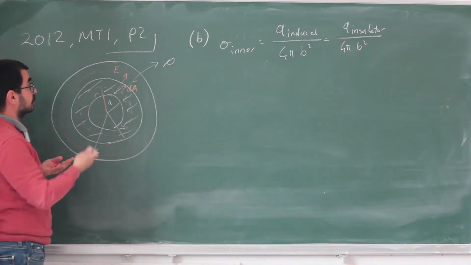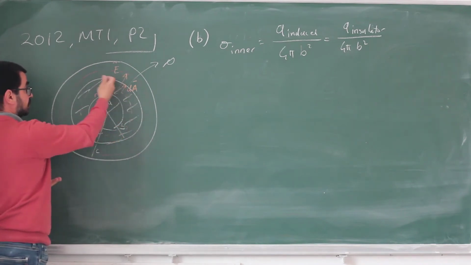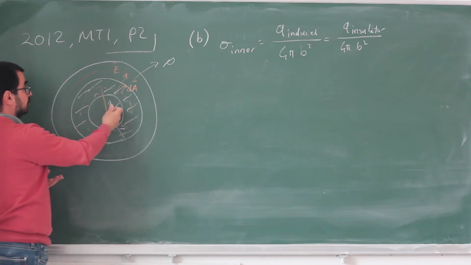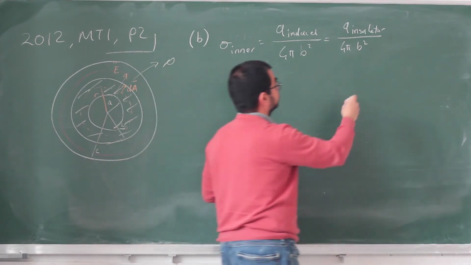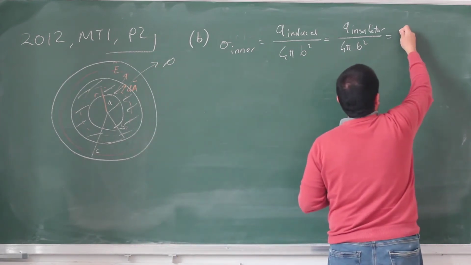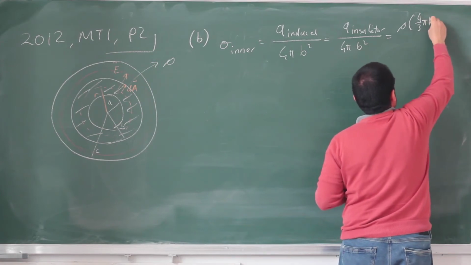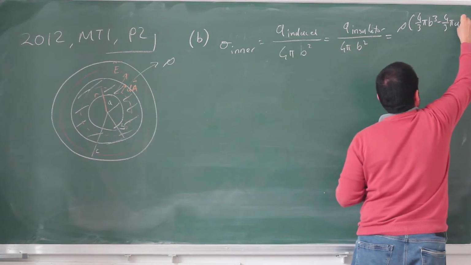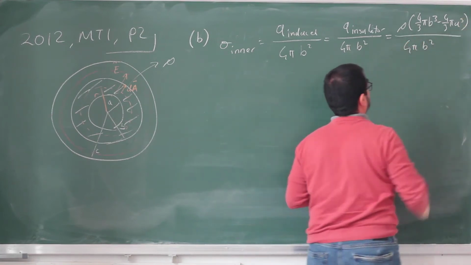Well, it is the charge density times the volume, and that volume is just the total volume of radius b minus the volume of radius a. So the Q insulator is going to be rho times 4/3 pi b cubed minus 4/3 pi a cubed, over 4 pi b squared.